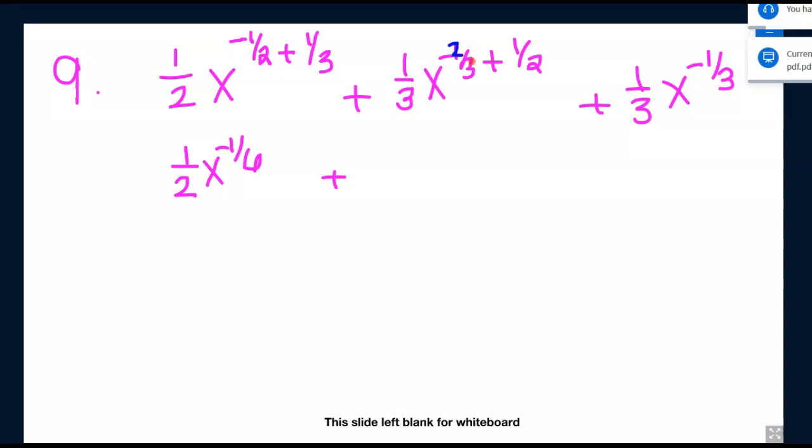So you get negative 2/6 instead of 1/3. Multiply the 1/2 by 3. So you get 3/6. So you get negative 2/6 plus 3/6. So I get 1/3 x to the 1/6 plus 1/3 x to the negative 2/6.